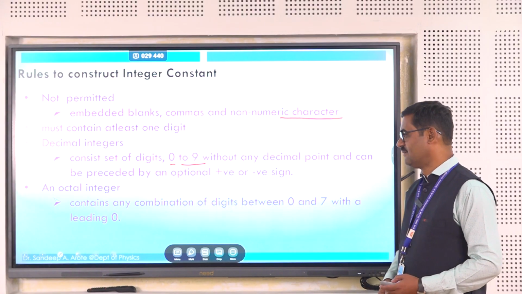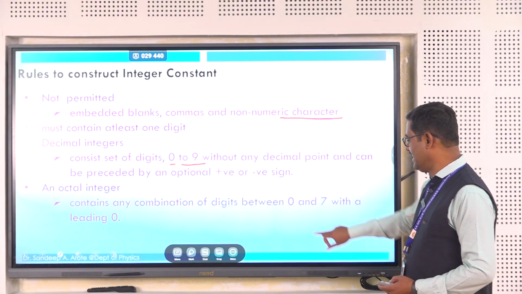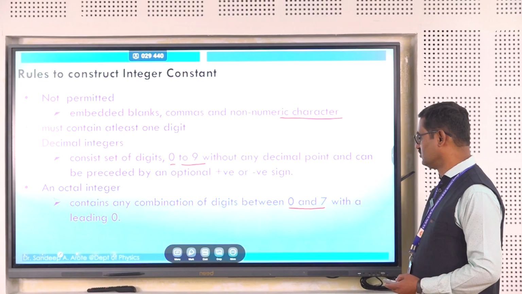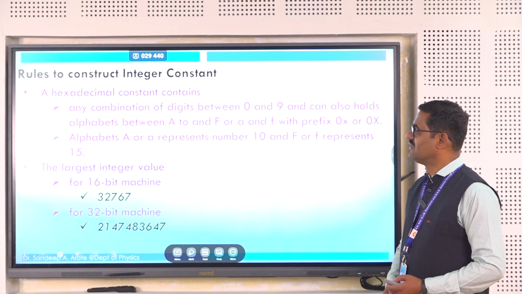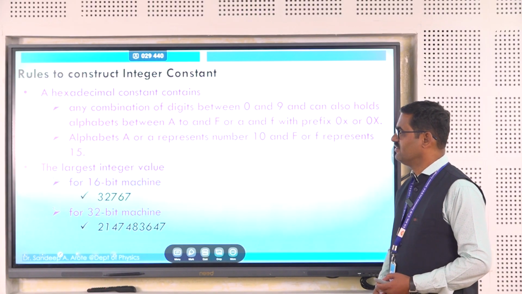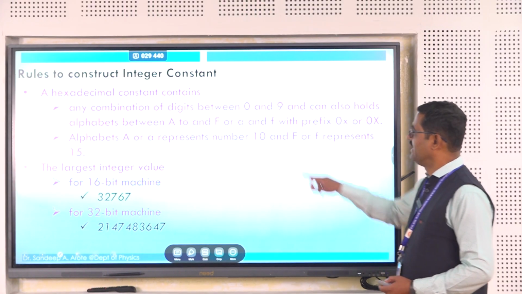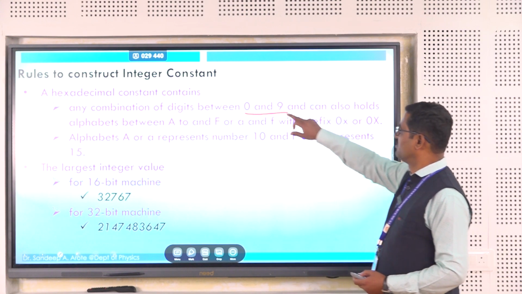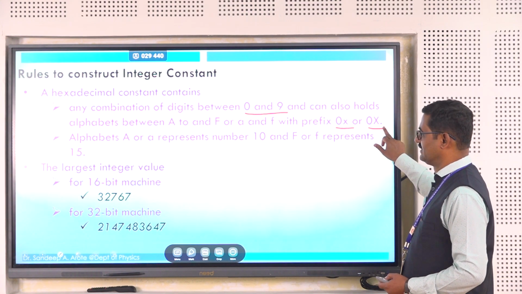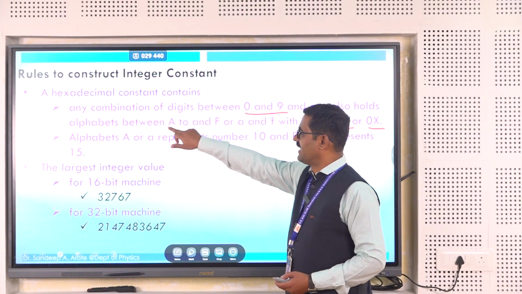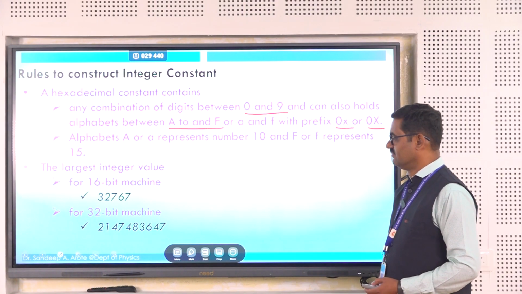An octal integer constant is any combination of digits from 0 to 7 with leading 0, and hexadecimal constants contain any combination of digits from 0 to 9 with leading 0x or 0X, but here you can also use characters between A to F.